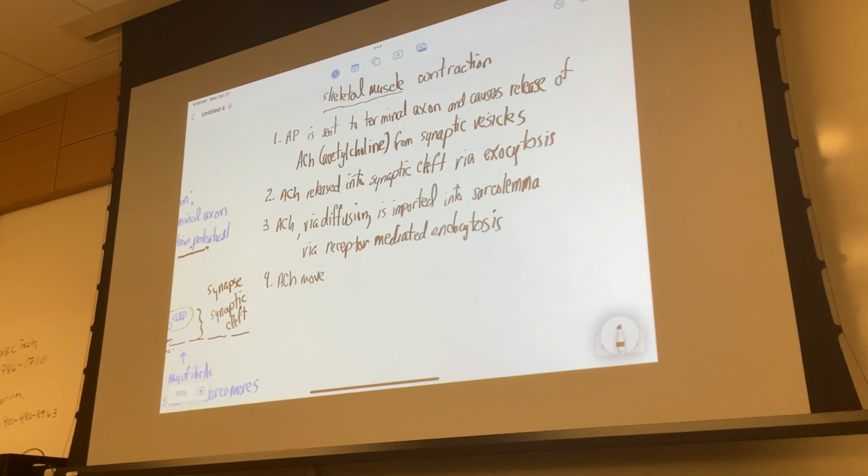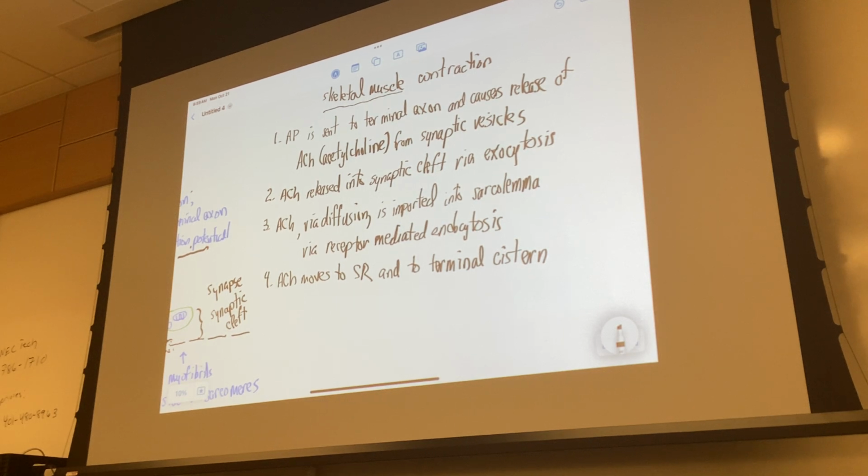The ACH then moves to the SR. And what's the SR? The sarcoplasmic reticulum. I told you a minute ago that the sarcolemma and the sarcoplasmic reticulum are really tied together. So the sarcolemma goes directly to the SR. ACH moves to the sarcoplasmic reticulum and then to the terminal cistern.